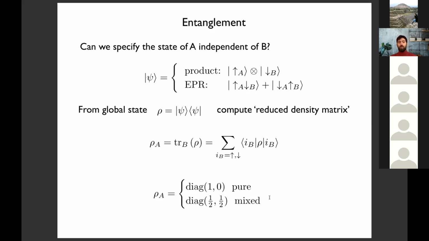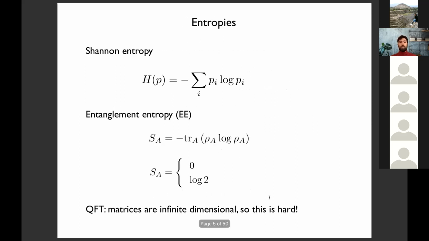So one way to quantify the entanglement between these 2 parties, A and B, that is the most common one, is to compute the entropies. For a classical probability distribution, the Shannon entropy is simply defined as minus the sum of P log P.